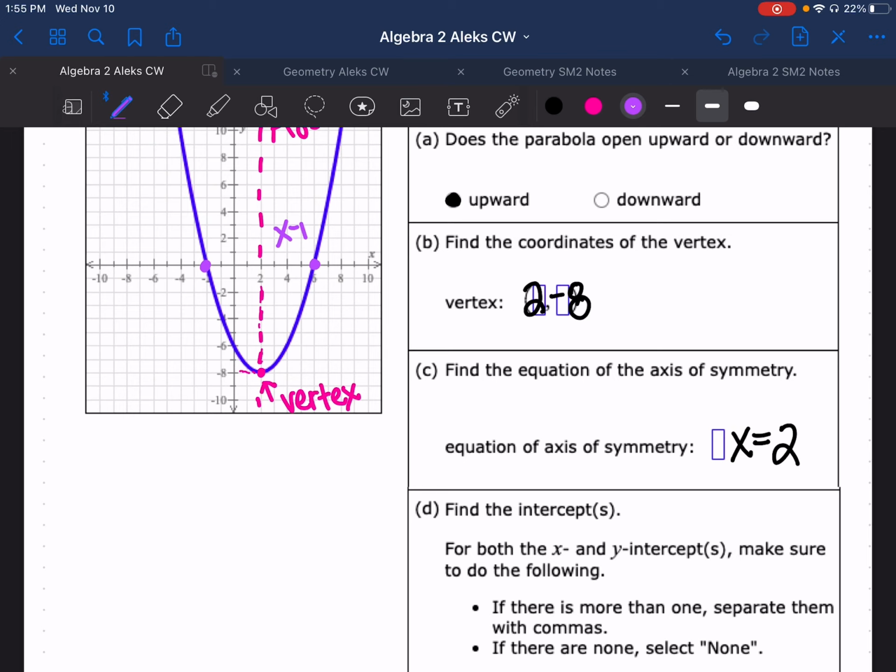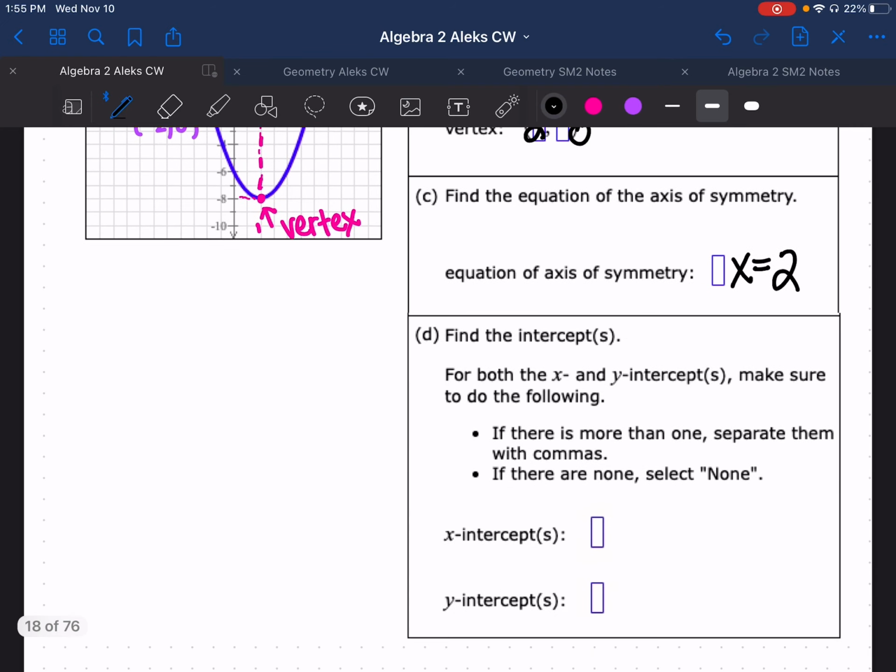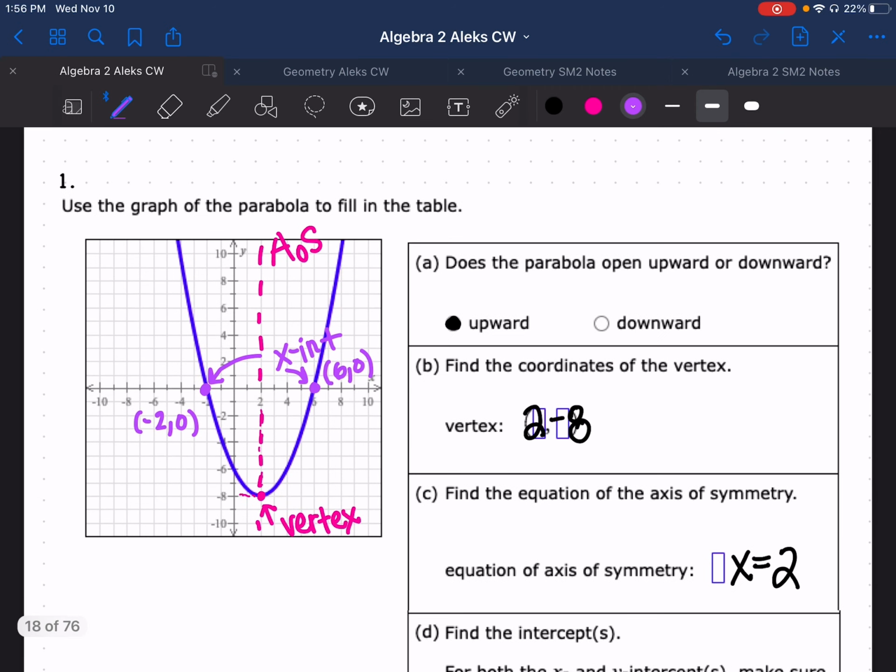These are our x-intercepts. This one here appears to be at (6, 0), and this one here appears to be at the point (-2, 0). So that would be my answer for my x-intercept. There we go. And for my y-intercept, I'm just going to go ahead and find my y-axis.